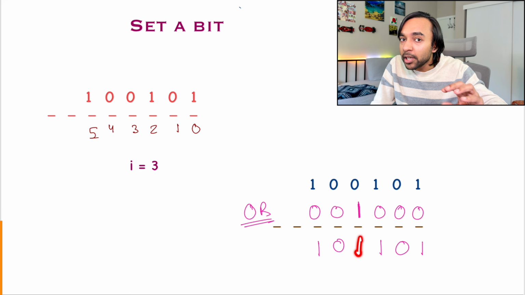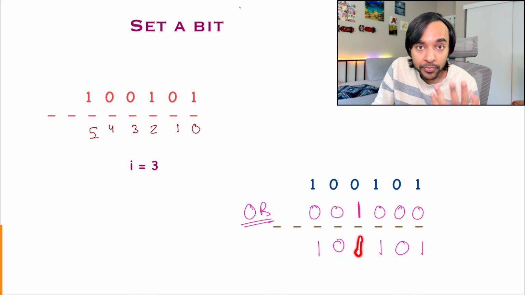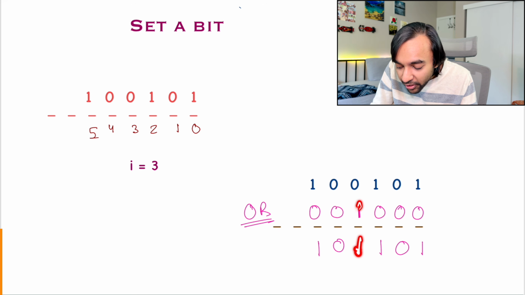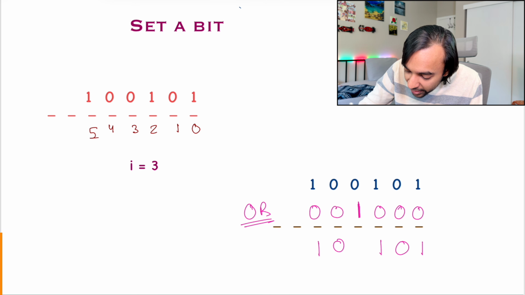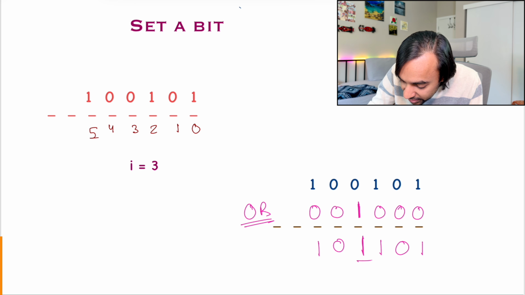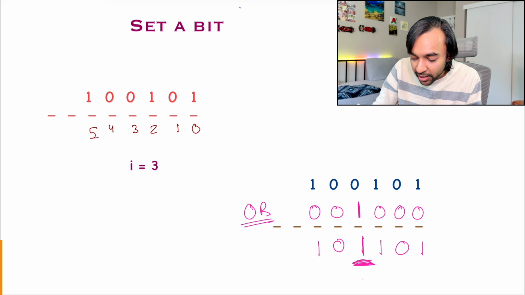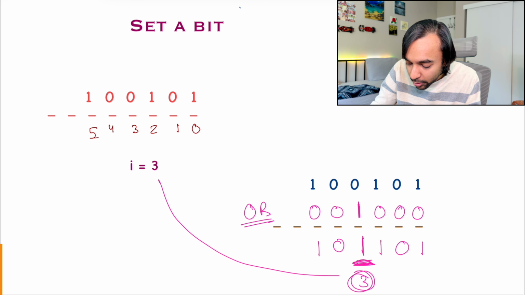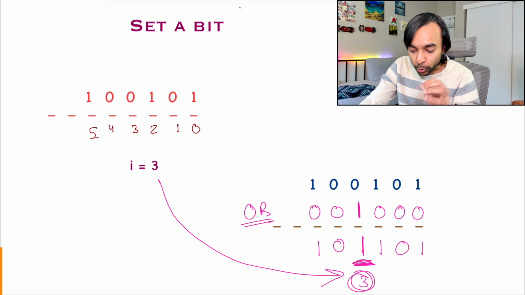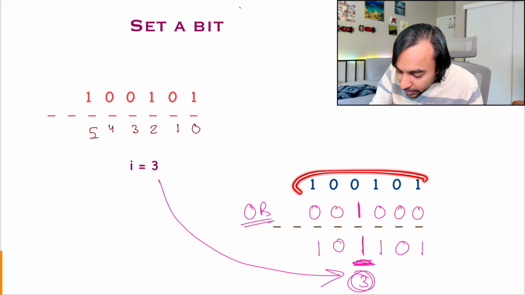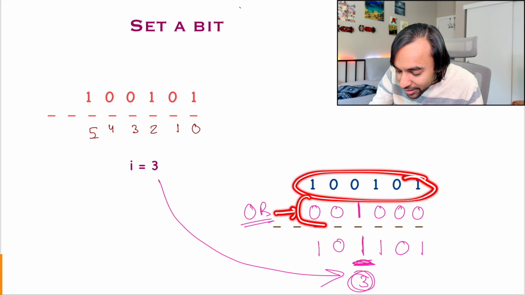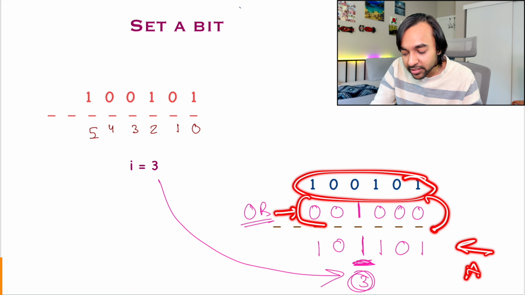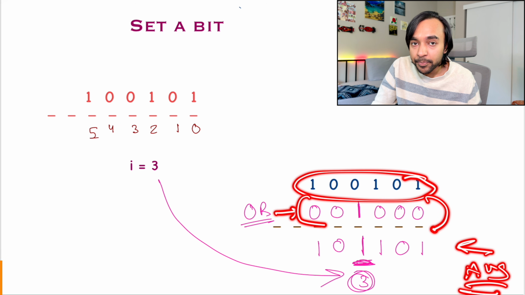So I have completed both of my exhaustive cases. And in both the scenarios, if I have a 1 over here, in my result, I will get a 1. That means I have set this particular bit. This is the third bit that I'm talking about. Correct? So if we are able to take up this number and OR it with this particular number, I will get my answer, right? I did set my bit.